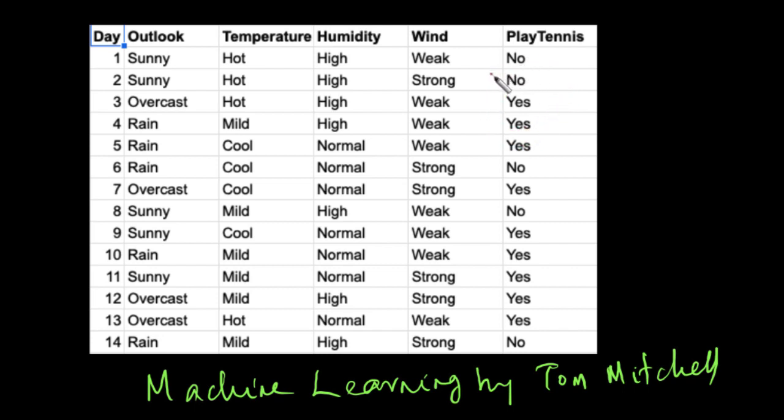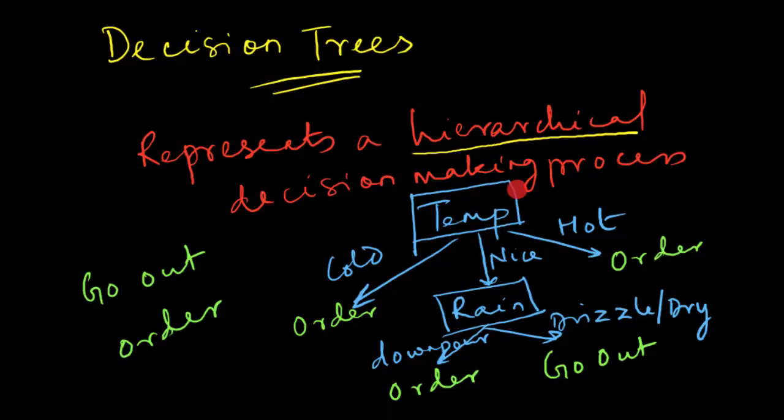So now the obvious question is that if we want to solve it using decision trees, which of these four attributes should be our root node? So what's a root node? In the earlier example, our decision tree started with the attribute of temperature. So the first attribute or feature in the decision tree at the top is what is called the root node.